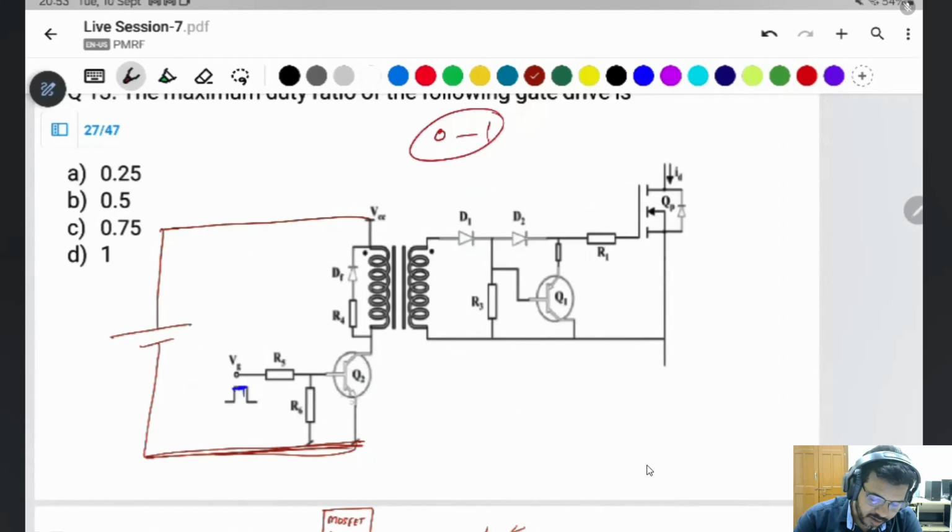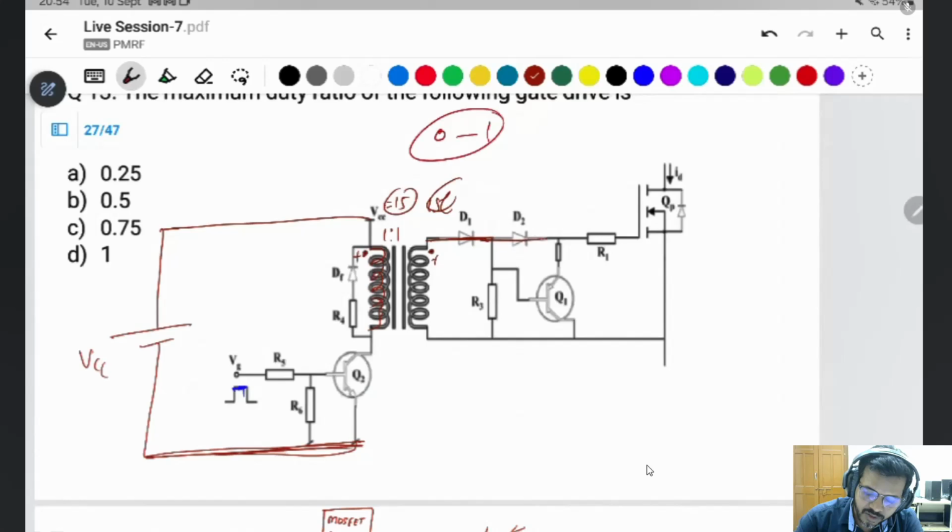As the switch is on, this power supply VCC is connected to the primary terminal of the transformer. This will be isolation, one-to-one, so this will be 15 volt, and so this is also 15 volt. Go to the output. The dot is here. If the dot is positive, this dot will be turned on.